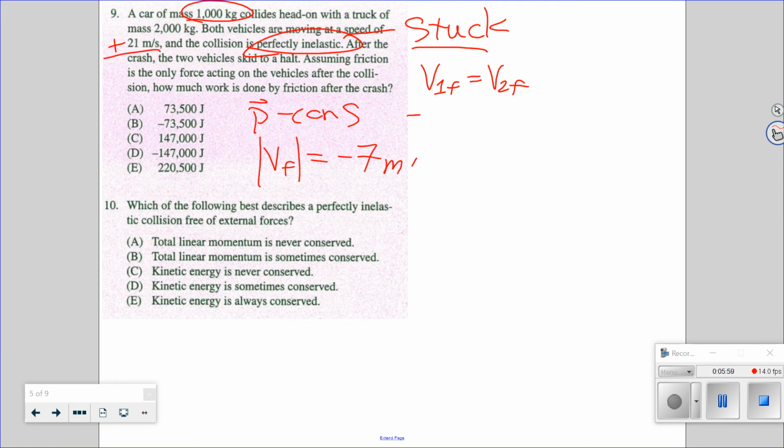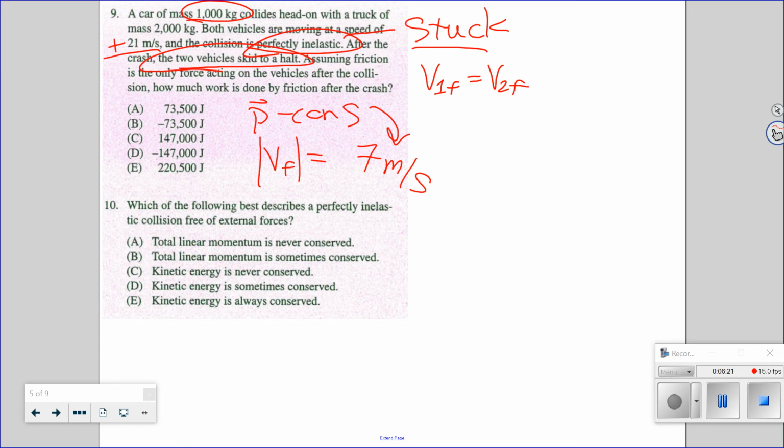Let's just make it a magnitude and not worry about it. Okay. They're going in opposite directions. The truck has twice the momentum because it has twice the mass. So then they skid to a halt, okay? You can assume that you knew this 21 meters per second at the instant of the collision. So you just do momentum to get that 7, and then you skid to a halt.